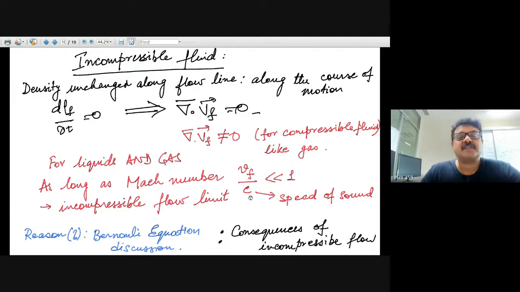The velocity of sound, I should remind you, is related to the compressibility of the fluid, right? You might have seen the formula, but how it comes we'll discuss later.